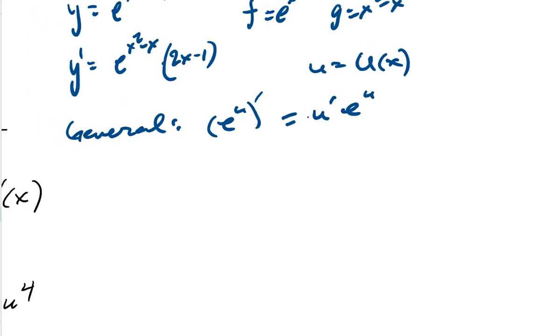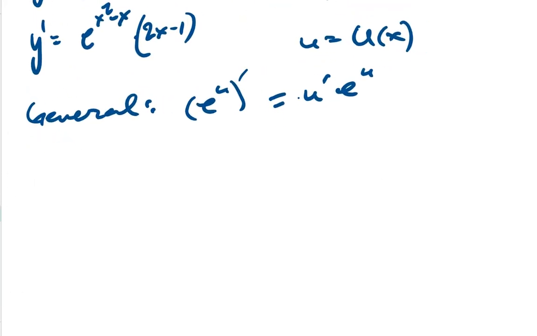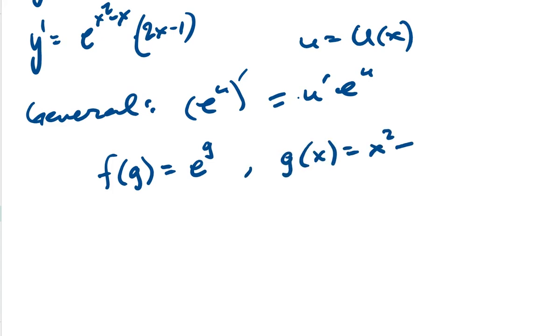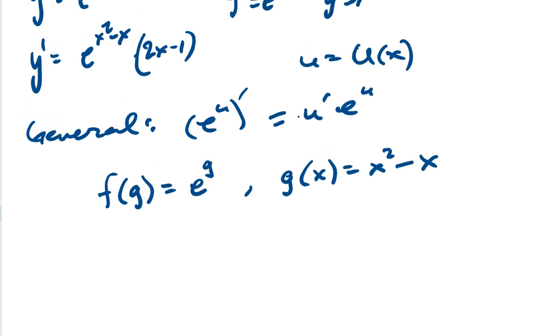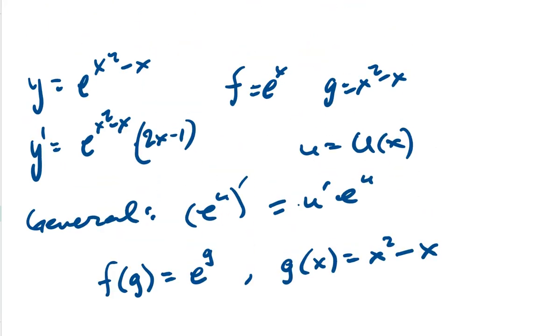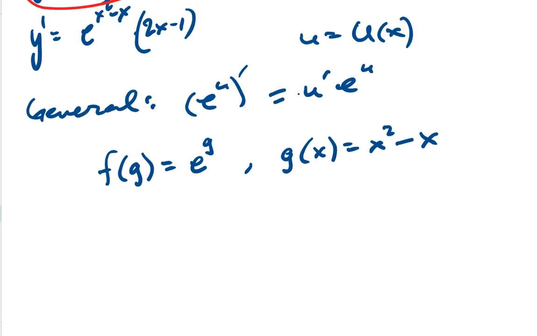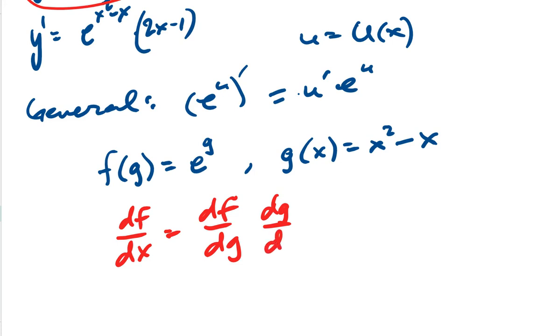If I write this in terms of f's and g's, this is what it looks like. You'll have f of g is e to the g, and then g of x is x squared minus x. So I'm taking the original function and I'm just writing it in terms of f's and g's. So now when we try to find df dx, we're going to write df dg times dg dx.